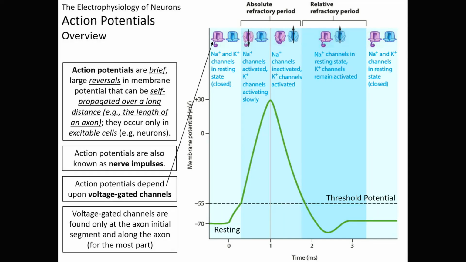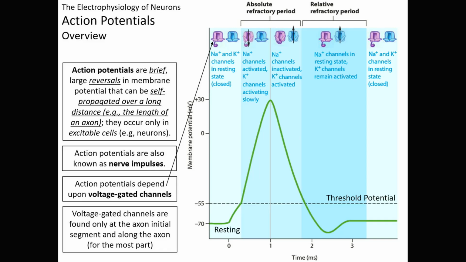And so we're at that typical negative 70 millivolt value that we think of as the resting potential for neurons. And we can see in this figure that in the resting state, our voltage-gated sodium and voltage-gated potassium channels are in their closed state, right?